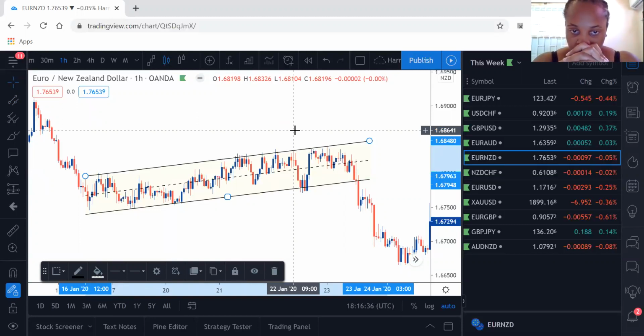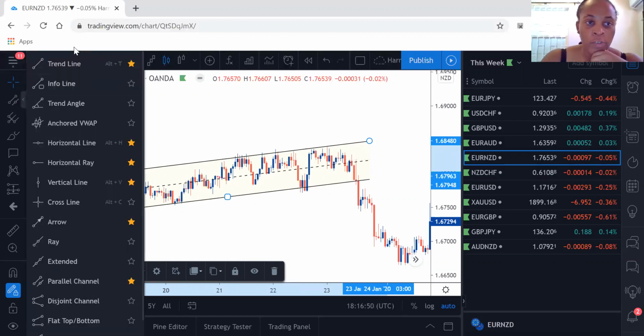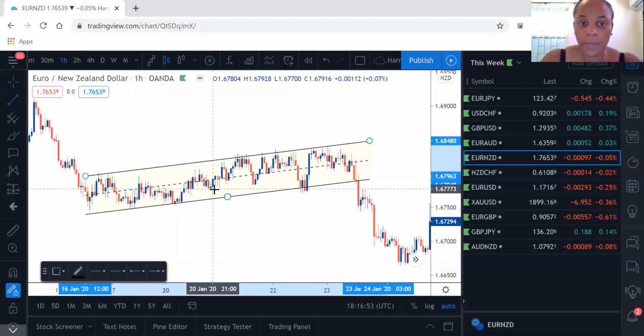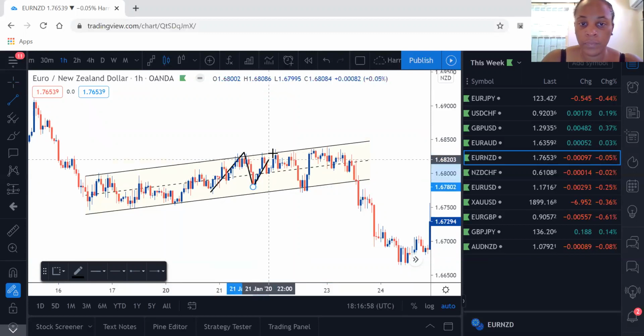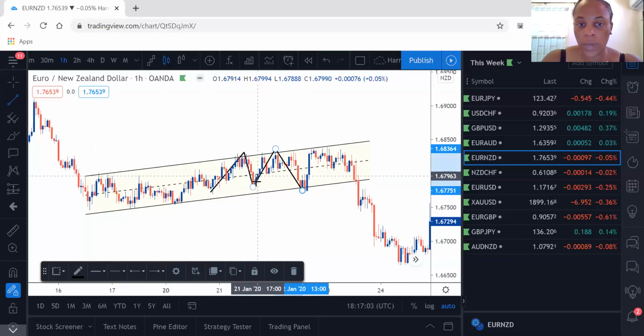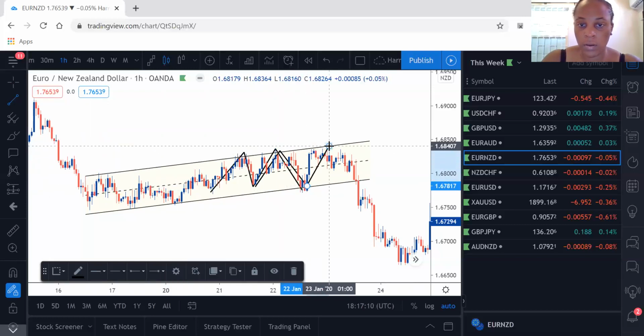Now, might I add that in this one, all right, let's go through it first before I make my point. So I can see two M's, right? I can see one here. And then I can see one from here, here, here, and here.